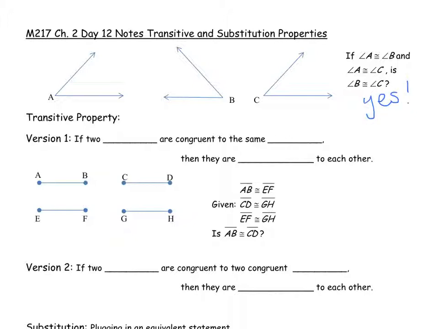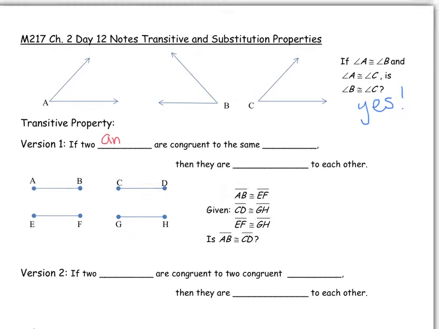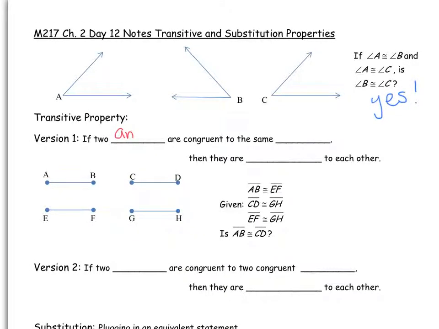The way that we represent this is in the theorem, if two angles are congruent to the same angle, so B and C are both congruent to angle A, then they are congruent to each other.